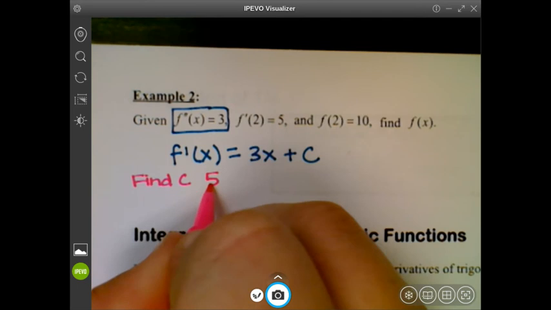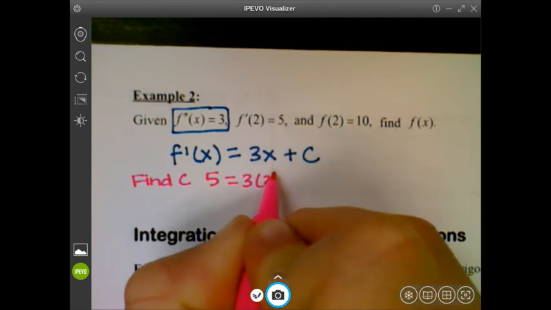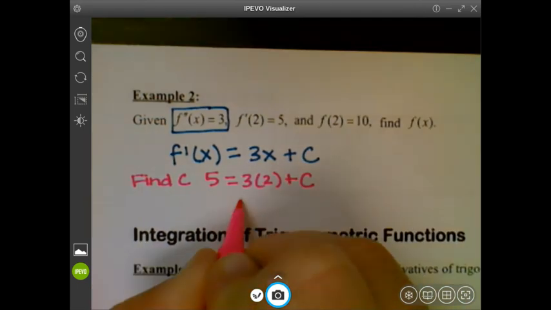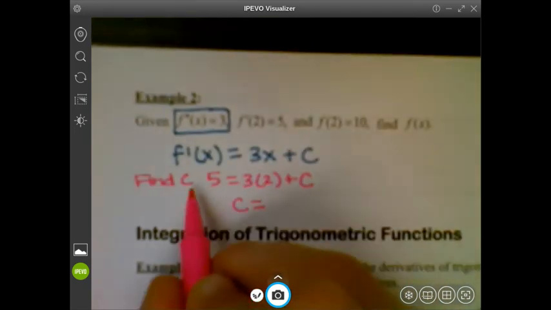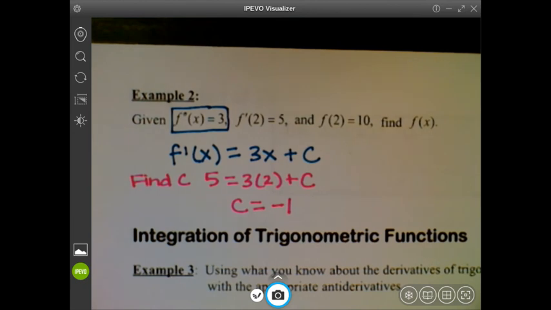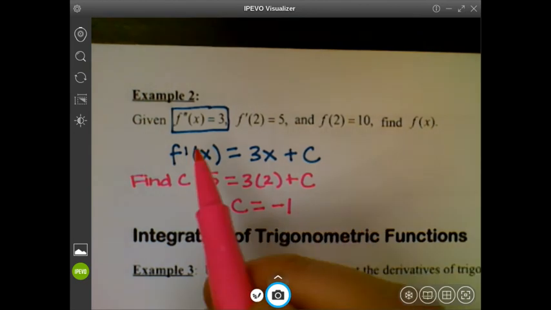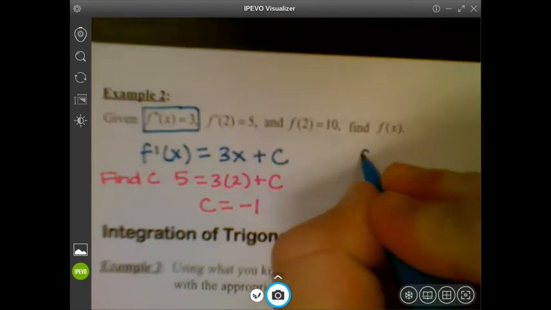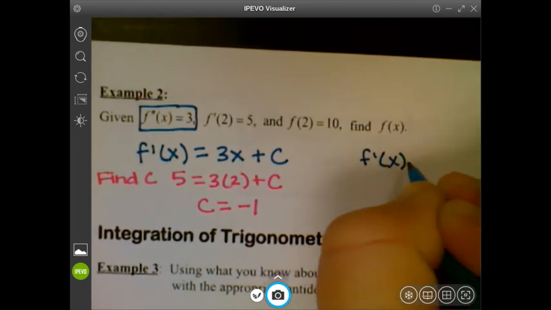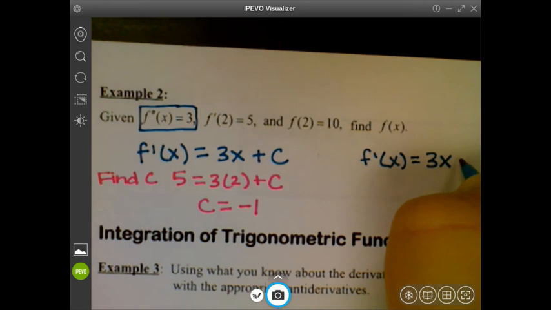So we have the equation 5 equals 3 times 2 plus c. So that implies that c has to be what number? Well, this is 6, and to get to 5, we would subtract 1. So c is negative 1. So our f prime of x is equal to 3x minus 1.